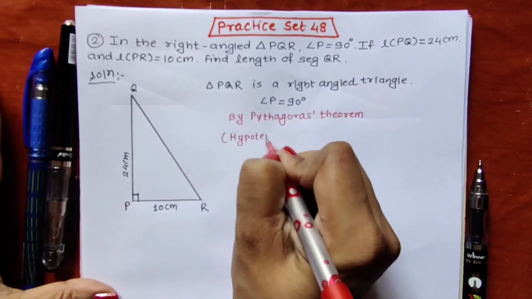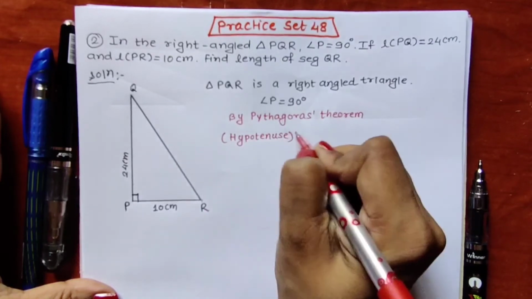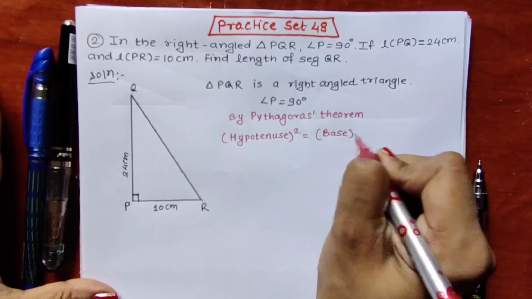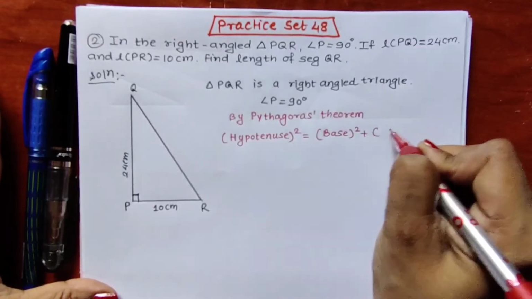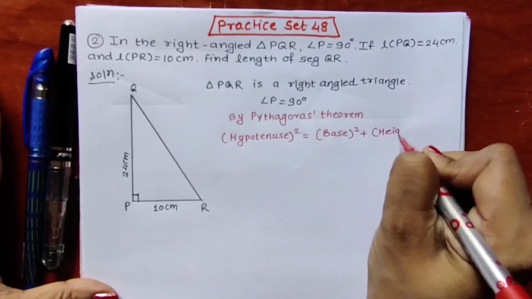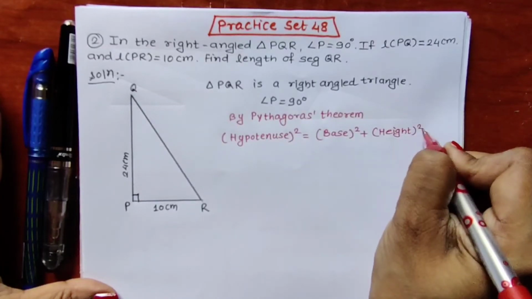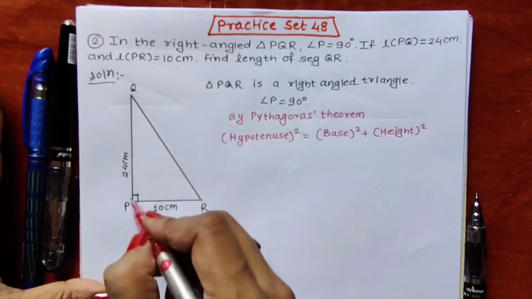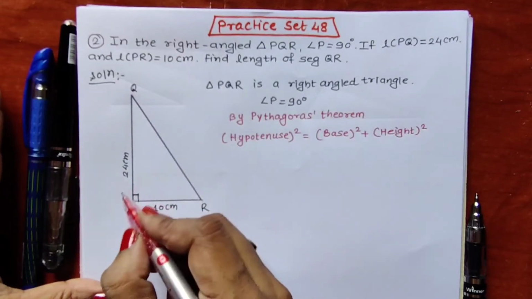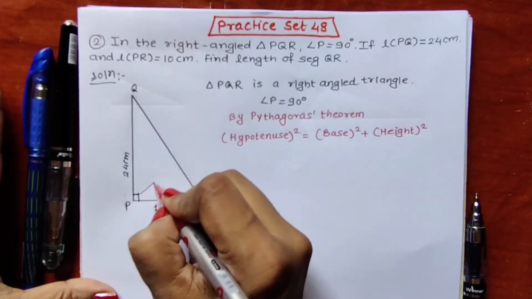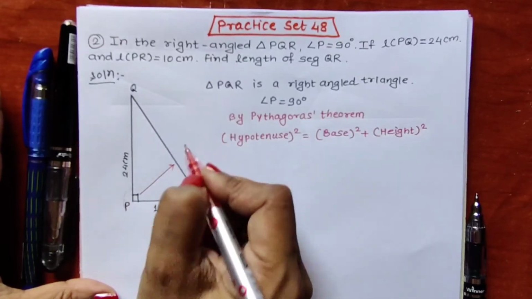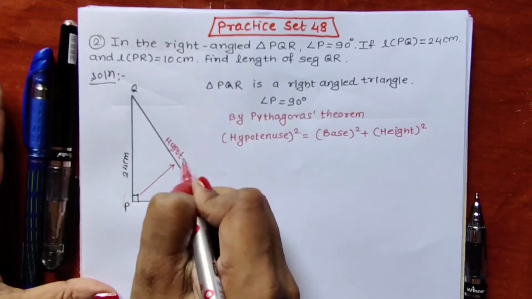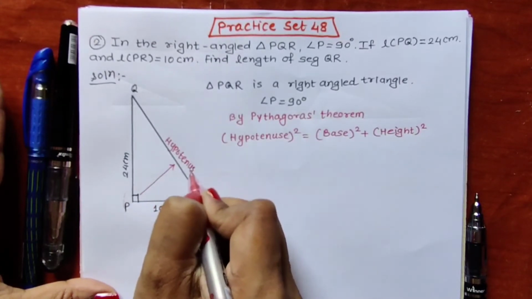Hypotenuse square is equal to base square plus height square. Now which should be the hypotenuse? As P is the right angle, P is of 90 degree, the side which is exactly opposite to right angle will be taken as hypotenuse. This is the hypotenuse. Okay.